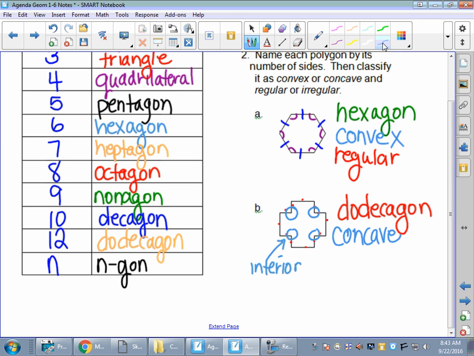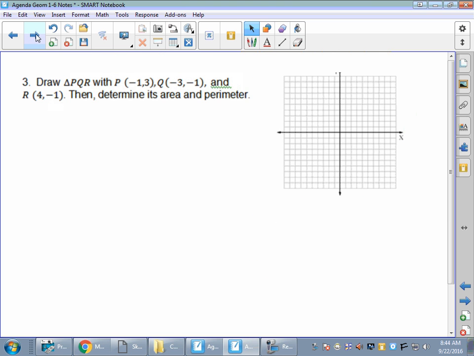And there definitely is no possible way all the angles could be congruent, because these angles right here are much larger than these guys that look like they're 90s. So it's definitely an irregular concave dodecagon. I'm going to have some problems like that in the homework, so I just wanted to make sure you could see the difference between convex and concave, and you know what you're looking for, regular or irregular. The naming part you've been doing for years, I know.